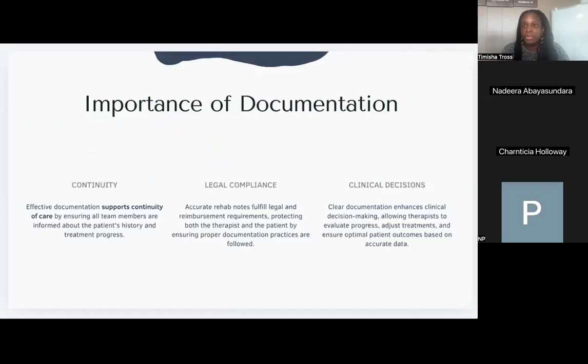An important thing to understand when it comes to documentation is continuity of how you're writing. It's very important that your documentation is effective, to ensure all team members can continue where you left off. A lot of times, if you're seeing one patient on Monday and Tuesday, and that patient then goes to one of your coworkers on Wednesday, they can simply read your note and pick up where you left off.